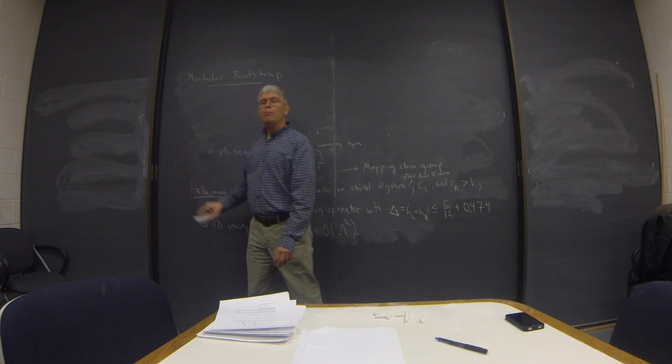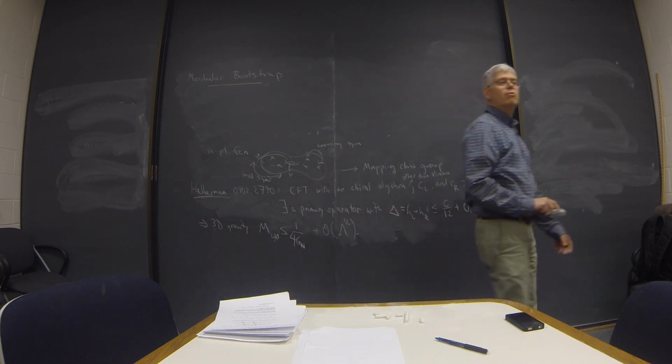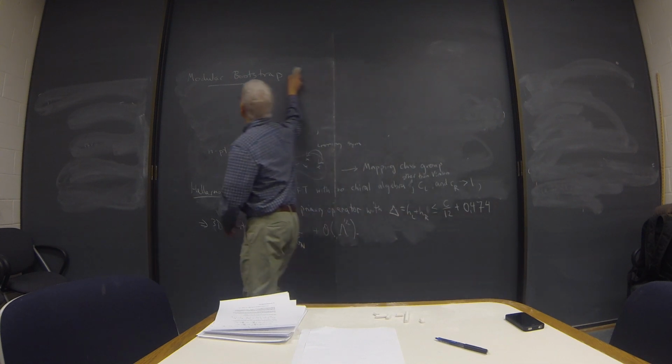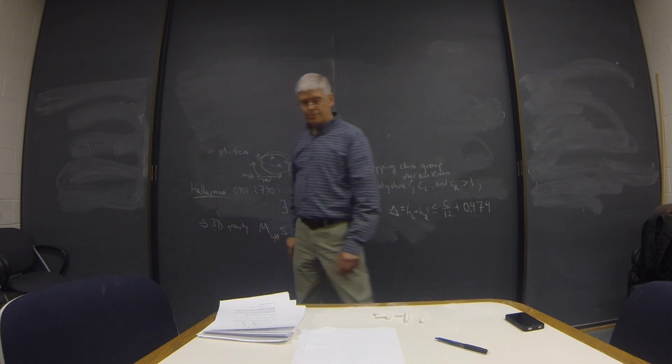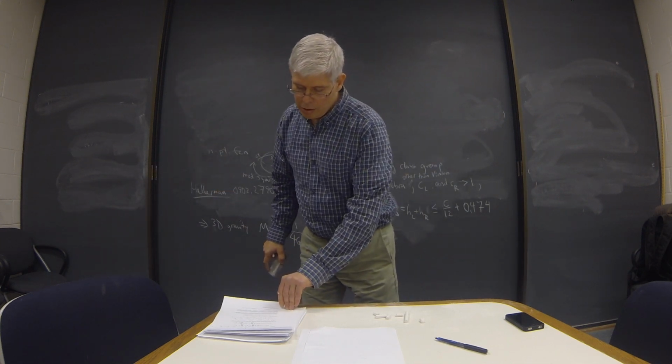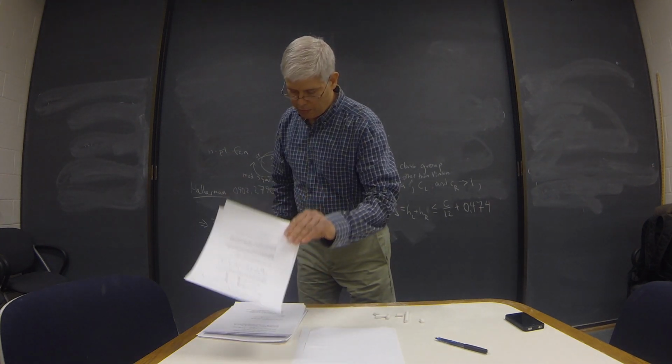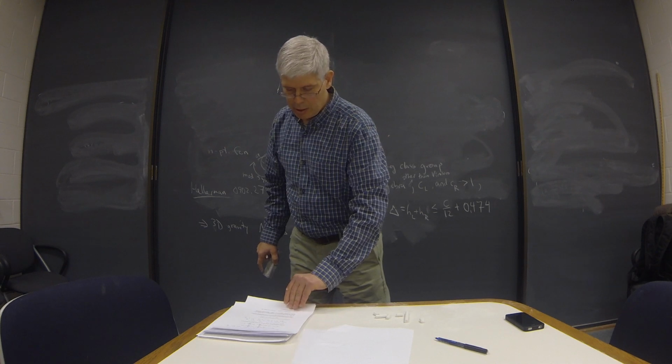Typically, these are non-BPS states also, so it gives you information about the non-BPS spectrum, the lightest states. Okay, so I want to just give you a flavor of Hellerman's argument, because I'm going to generalize it.